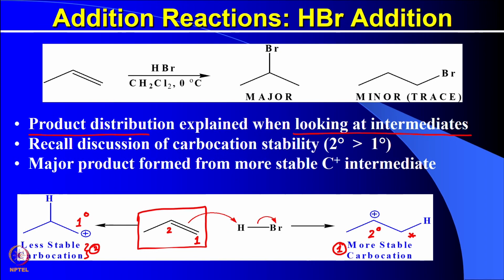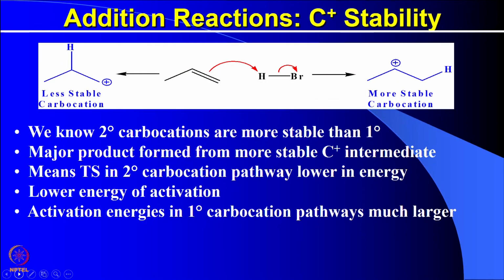As a result, when Br minus is added, it is added to carbon number 2 and not on carbon number 1, and therefore you always receive this compound as the major product and the other one as the minor or trace product. So what we have learned is that 2 degree carbocations are more stable than 1 degree.